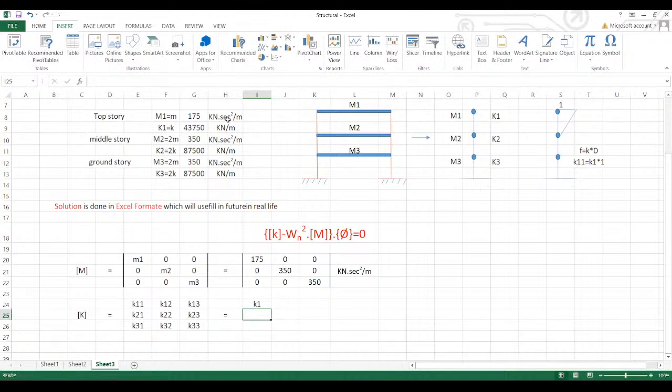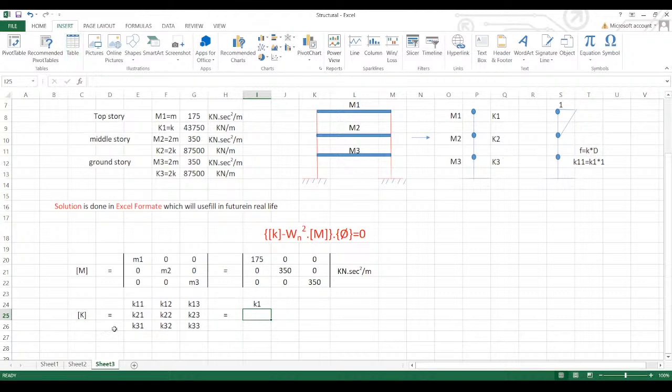Similarly, K21: at position 1 there is a unit force, and what is the effect at position 2? F is k into del, where del is 1, and the effect is k with -1, that is minus K1.